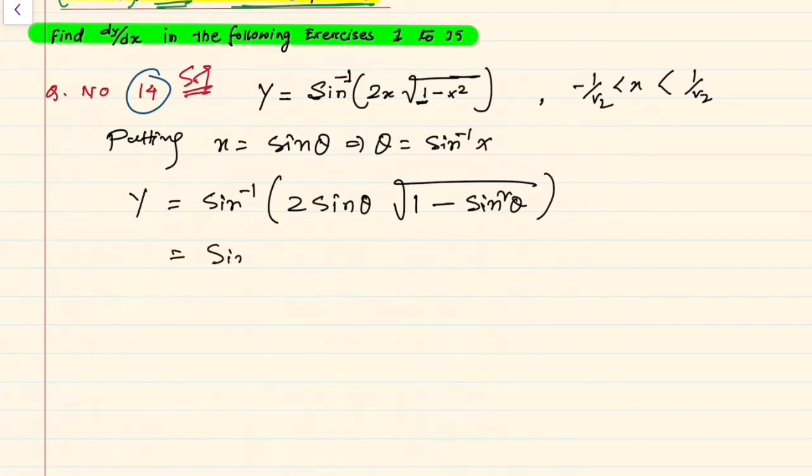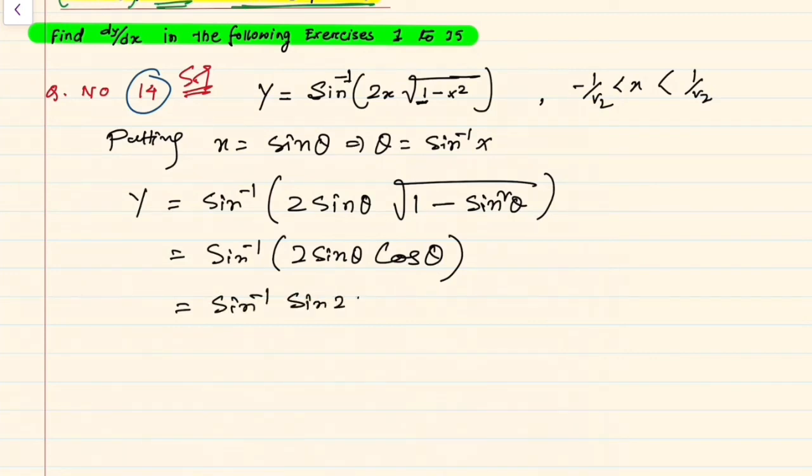So sine inverse of 2 sine theta, and under root 1 minus sine square theta gives cos theta. So 2 sine theta cos theta is sine twice theta, so sine inverse is going to give 2 theta.